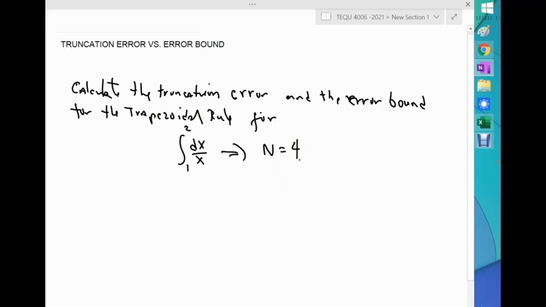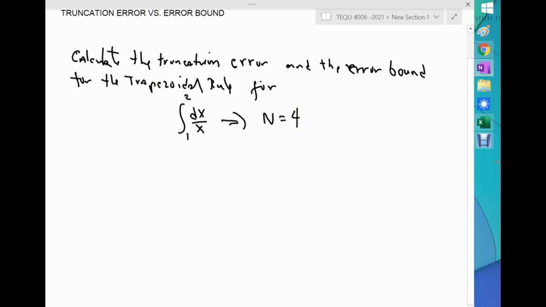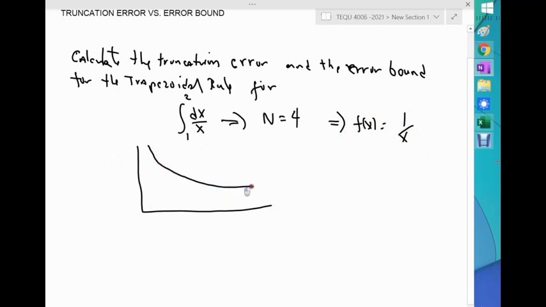And that will do. So basically, the function here, f of x in this case, is 1 over x, and if you do a quick plot of that, it will look like this. As x gets bigger, 1 over x gets smaller, and so forth. So this is the behavior to expect.